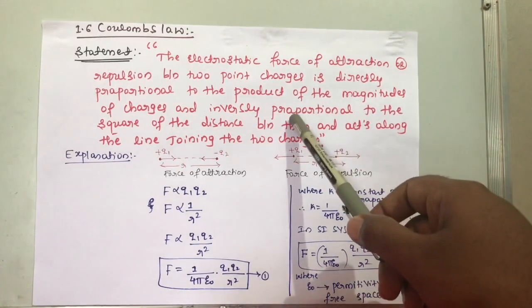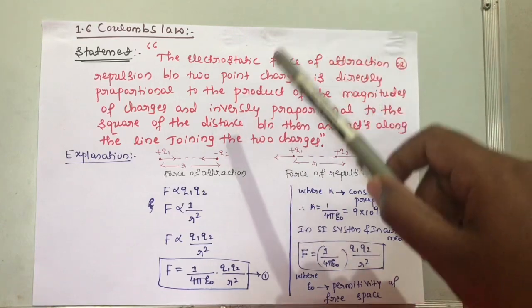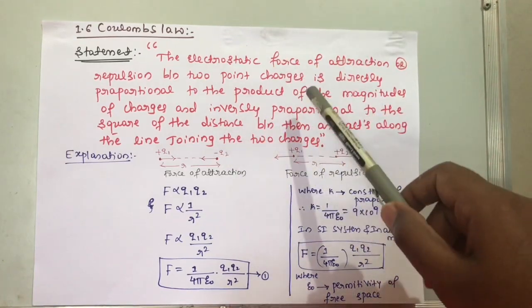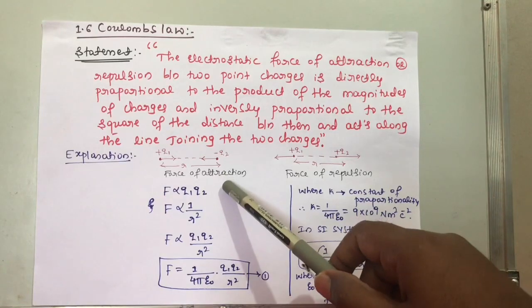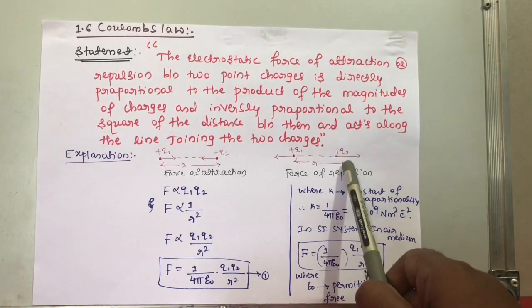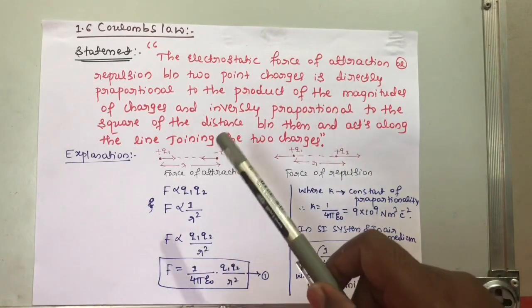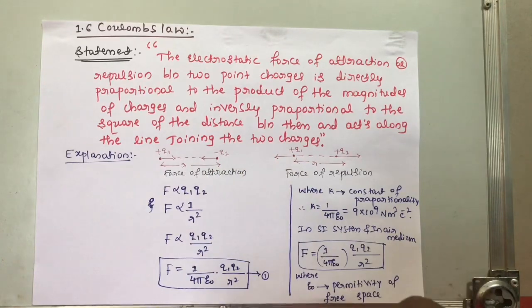According to this statement, the electrostatic force of attraction or repulsion between two point charges is directly proportional to the magnitude of their charges and inversely proportional to the square of the distance between them.